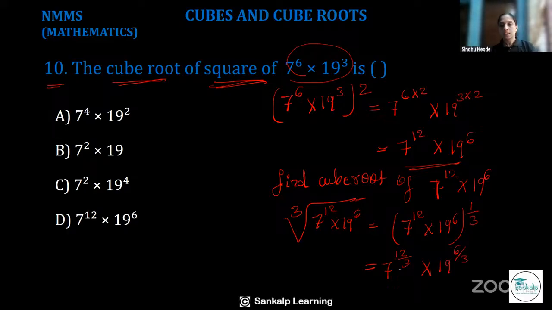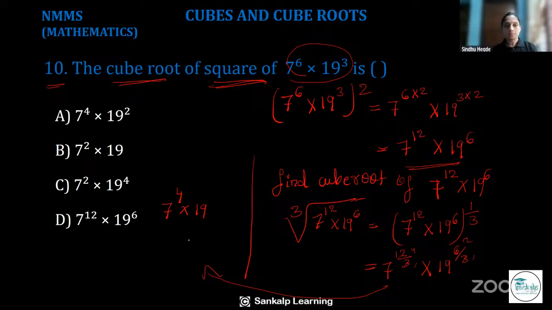Now 3 ones are 3, 3 fours are 12. Here also 3 twos are 6. Finally we get 7 raised to 4 into 19 raised to 2.